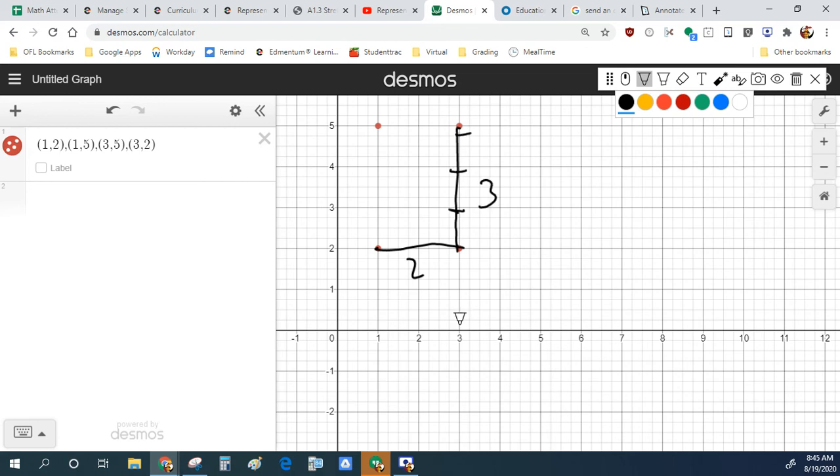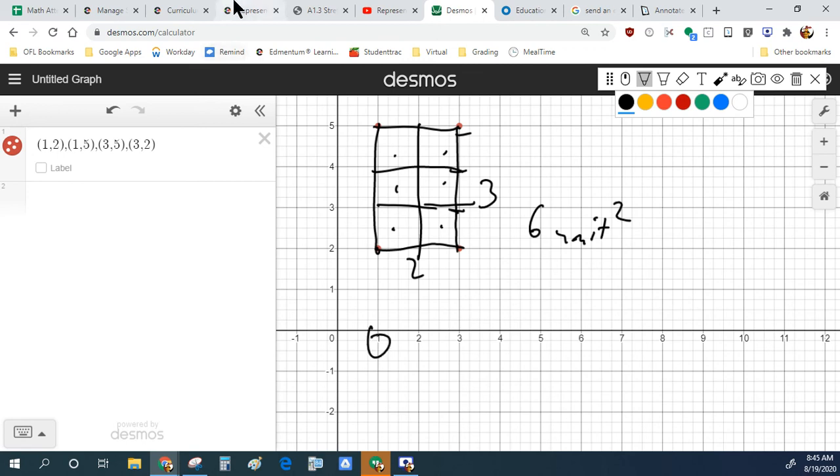So my area, if I'm doing length times width, is, and I can't even count them because I'm using a graphing tool, 6. This is a 1 by 1, 1 by 1, 1 by 1. So I have a 6 unit squared thing. By unit, I'm just saying whatever these are. They're 6 square units.